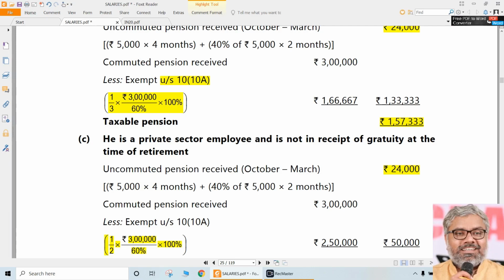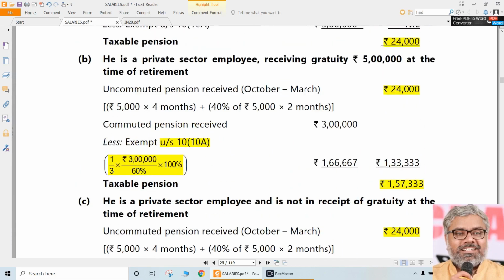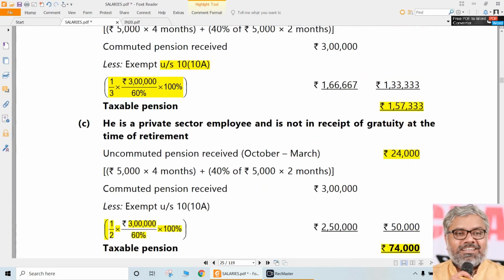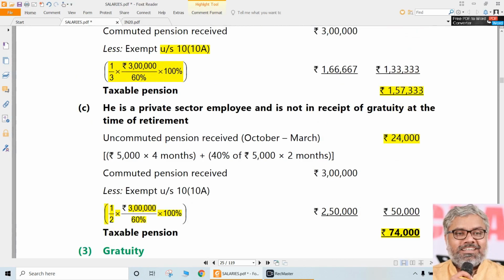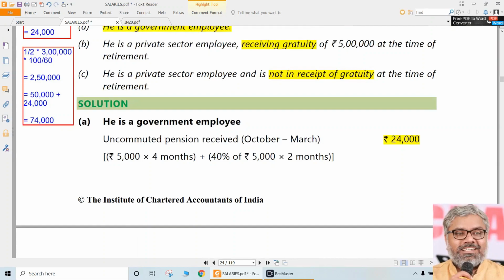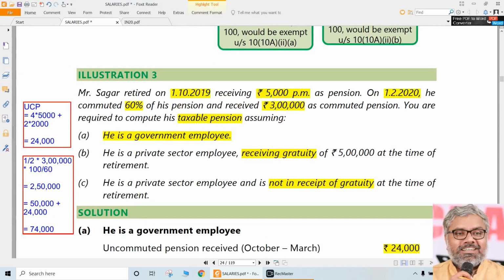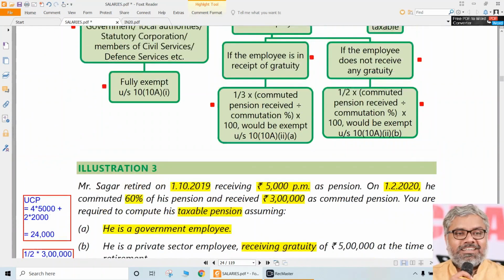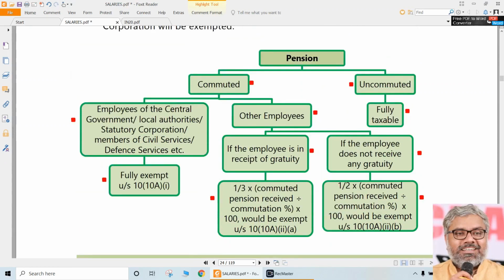That means it would have been 7,50,000. On that, one-third or half depends upon whether the employee received gratuity or not. So calculating this part of the commuted pension, if the employee had commuted the whole of the pension, is important. Once that is done, one-third or half is not a big deal. That can be done according to the nature of employment and according to whether the employee has received gratuity or not. That is about section 10(10A).